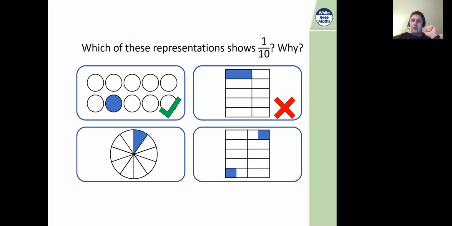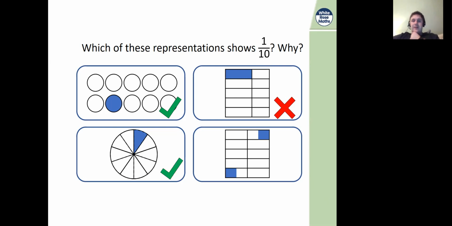We have 10. And we have 1 out of those 10 shaded in. So that is 1/10 because the original one was half of one of those sections of 5, what we call a fifth. Okay, so that was also a 10th. Well done if you spotted that one.